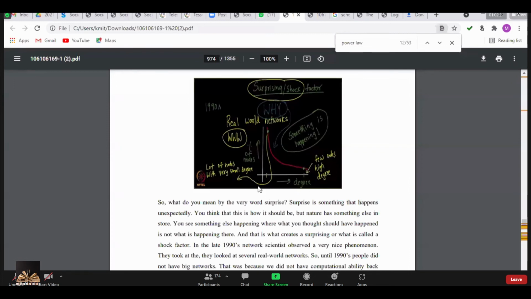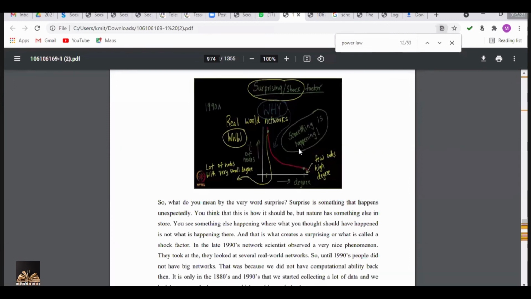Normally, in the normal distribution, if I plot degree here and the percentage of nodes here, the lower degree and the higher degree counts will be less, and the nominal degree will be high in the bell curve.